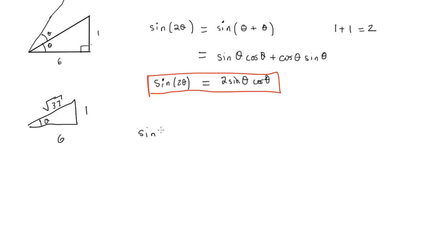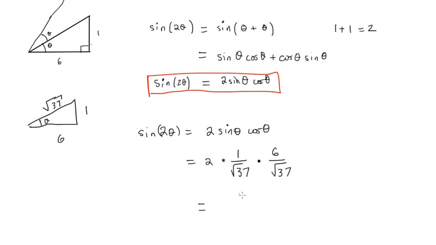So in this triangle, sine of 2 theta is 2 sine theta cos theta. And we know that in this triangle, sine theta is the opposite over the hypotenuse, so that's 1 over root 37. And cosine is the adjacent over the hypotenuse, so that's just 6 over root 37.